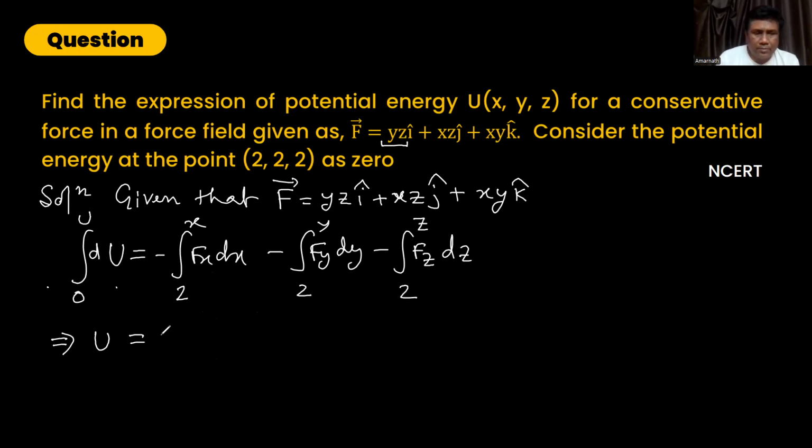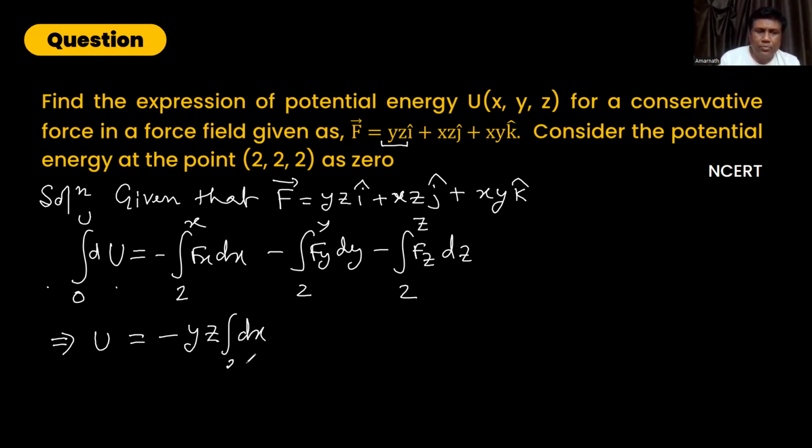So you put minus yz dx. But here only x is variable, so yz should be treated as constant. That is important. So yz will be going out of the integration. It will be yz, and integration of dx is x only.